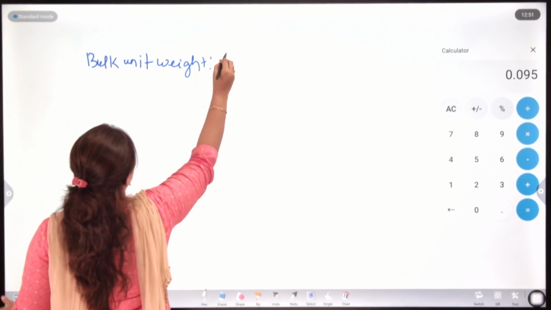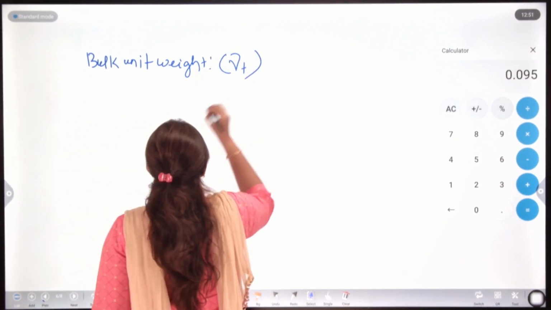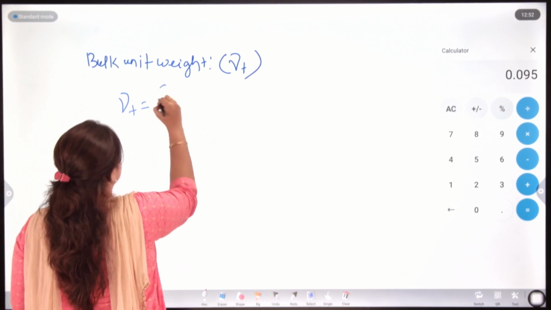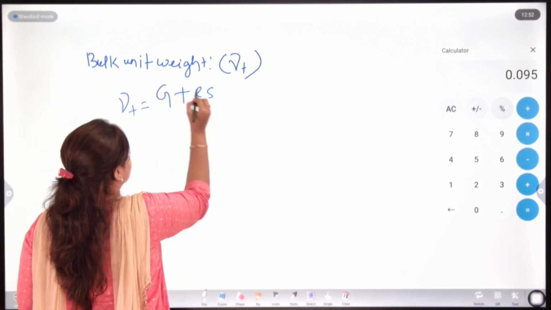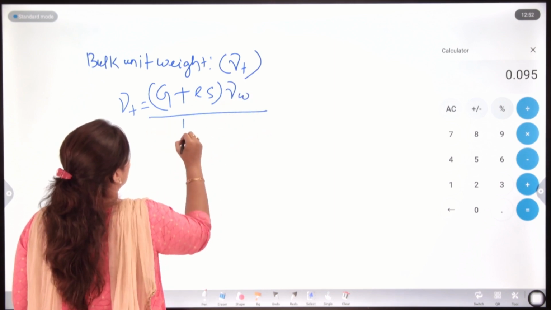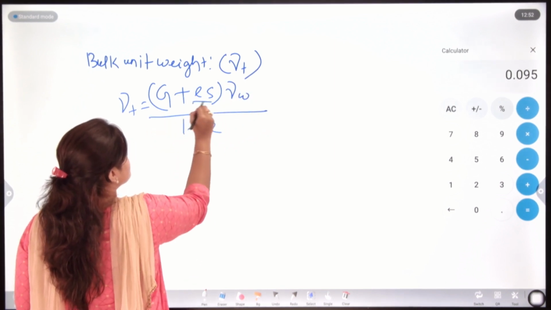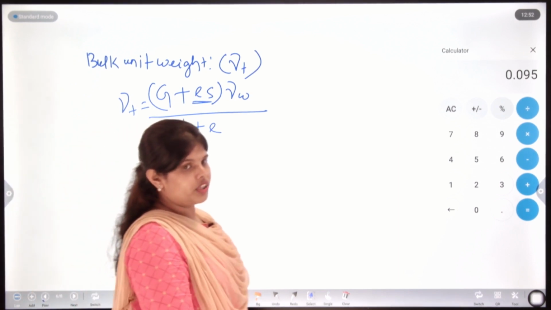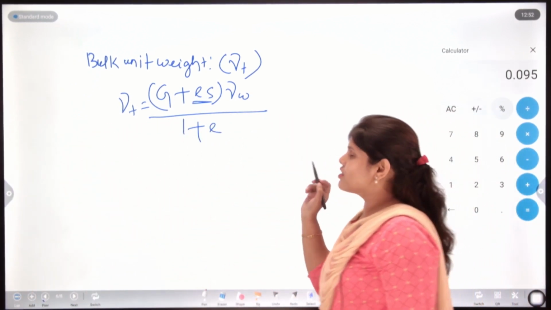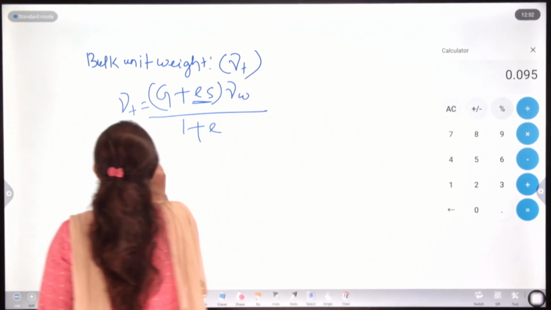Bulk unit is your gamma total, equal to (G plus eS) into gamma W upon 1 plus e. This eS we can change with what? wG. w is your moisture content and G is your specific gravity.